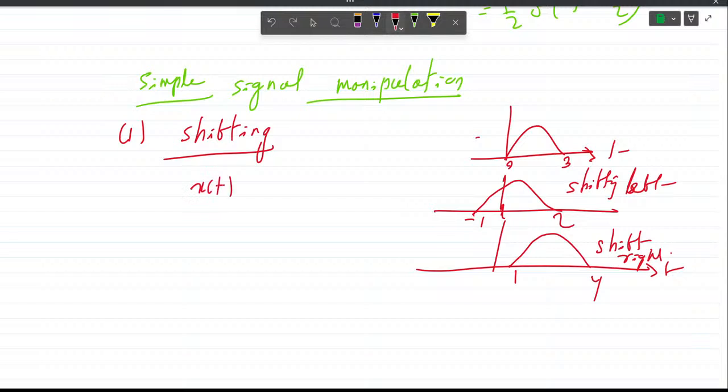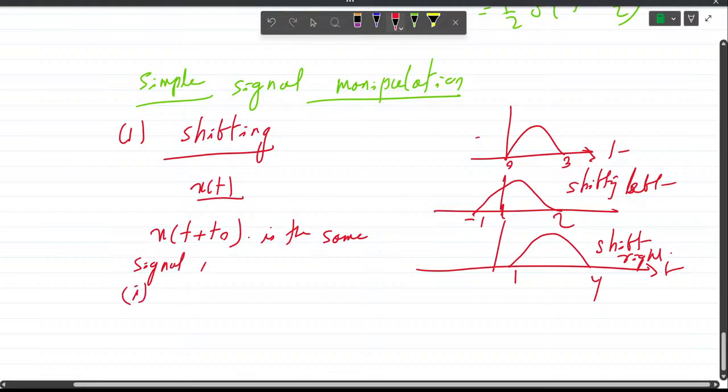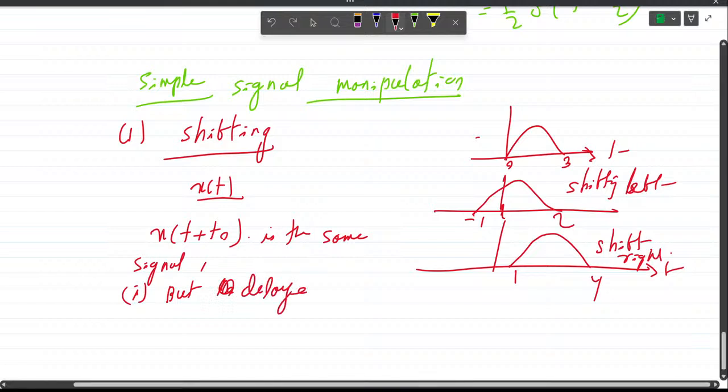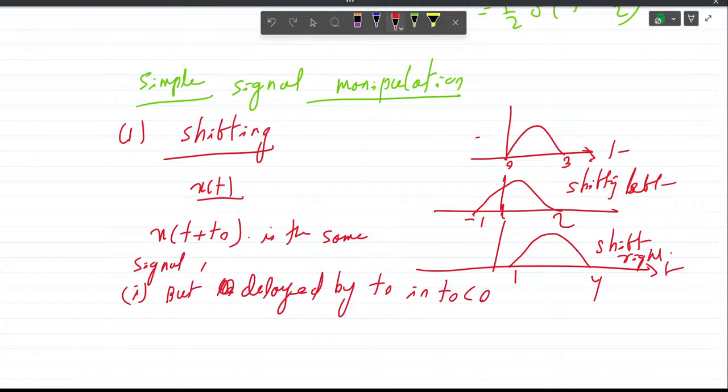Let the function x of t plus t0 be the same signal, but delayed by time t0 if t0 is negative.